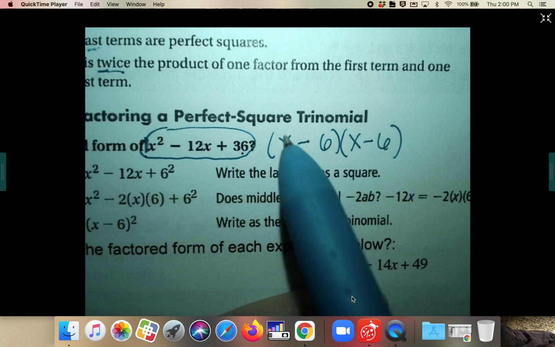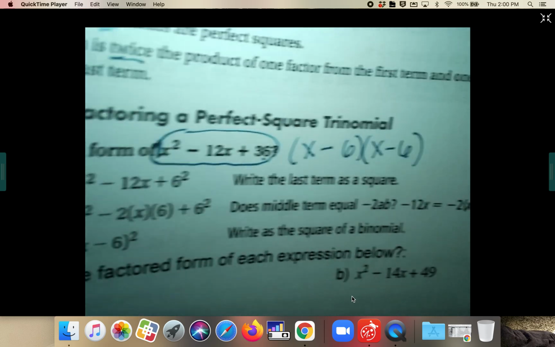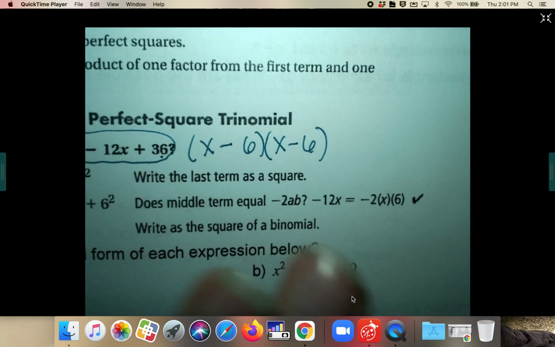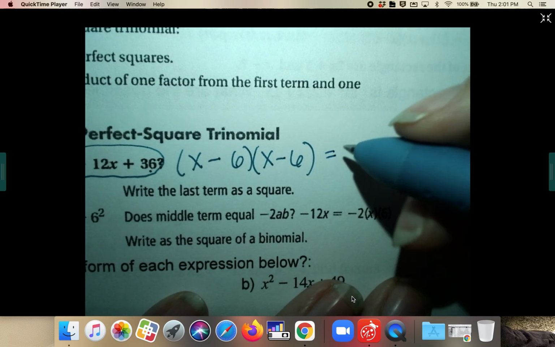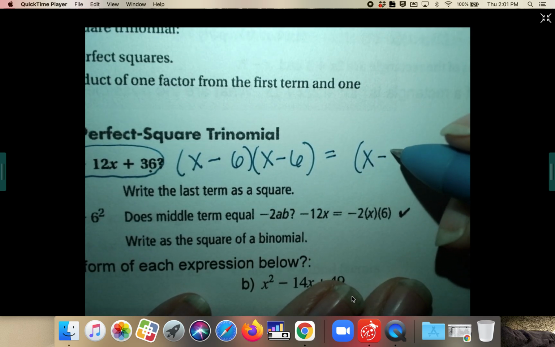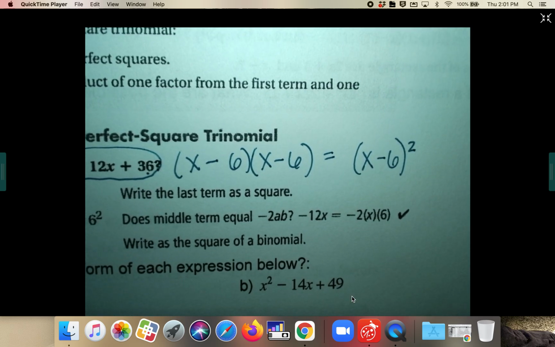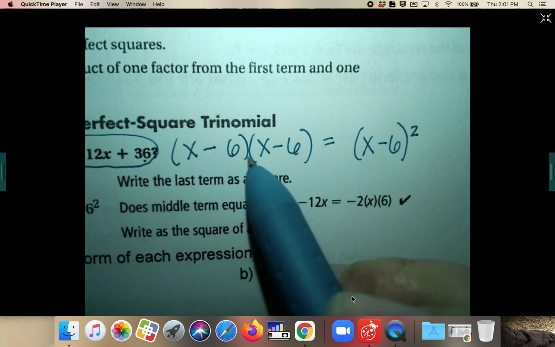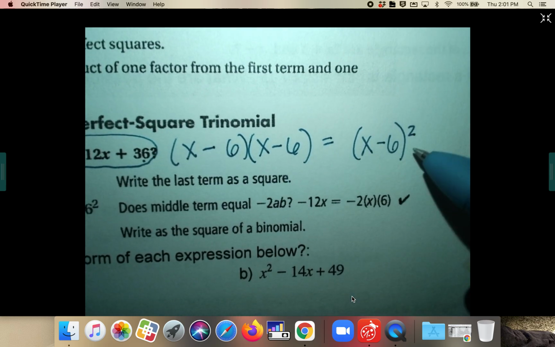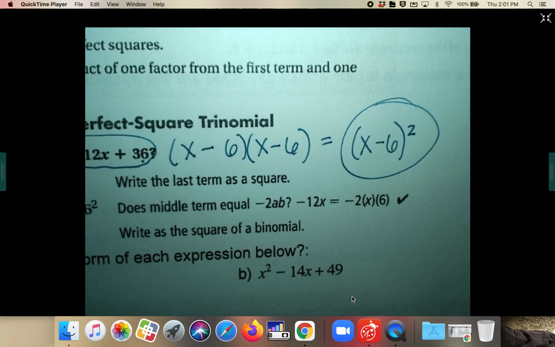So this is technically the answer, but there's a much more simplified way of writing it. It's the same answer, so you're just going to write it once and then put squared after. So if you know that it's x minus 6 twice, it's better to go ahead and write it like this.